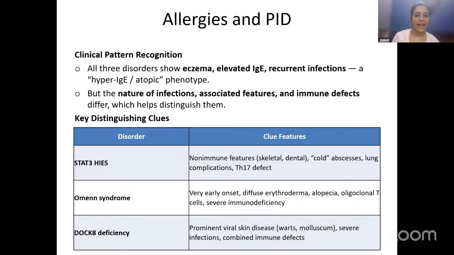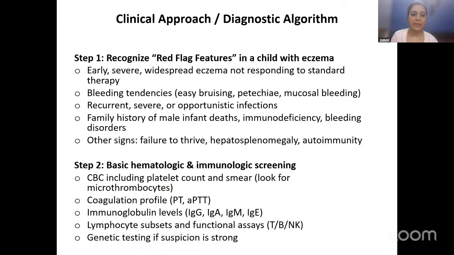STAT3 or HIES usually would present with non-immune features like skeletal and dental. They have cold abscess, they may have lung complications. Omenn syndrome we have already discussed, with diffuse erythroderma, alopecia, oligoclonal T cell expansion, severe immunodeficiency of B and T cells. DOCK8 may actually present with a prominent viral skin disease like warts or molluscum, and severe infection. Again, it has combined immune defects.